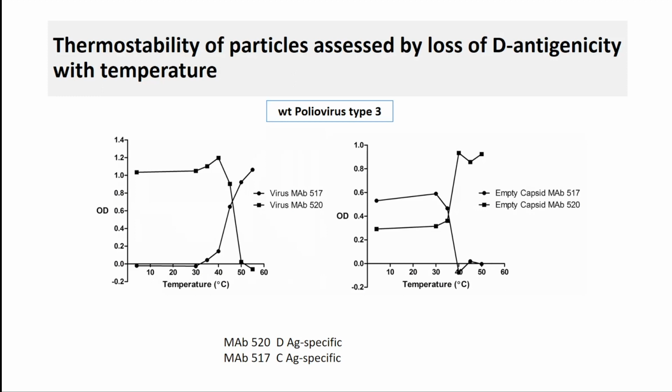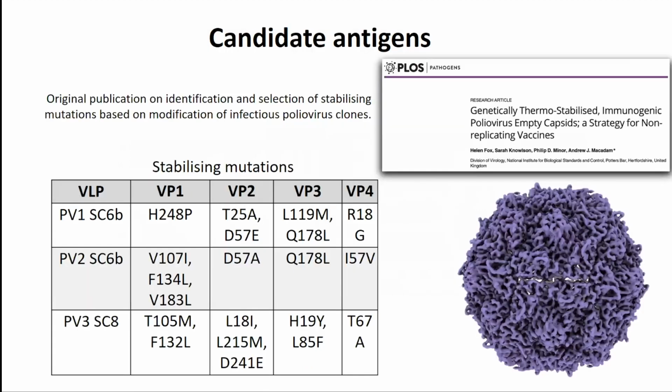And you can see there's a switchover temperature at about 45 for the virus and much, much lower for empty capsids. And it's to push that switchover temperature up higher that the first part of our activities were directed.